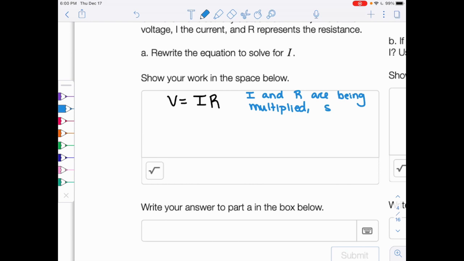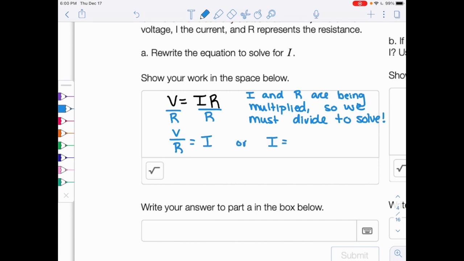So we must divide to solve. It wants us to solve for I, so I'm going to divide both sides by R to get V over R equals I. If you turned that around, it's I equals V over R.